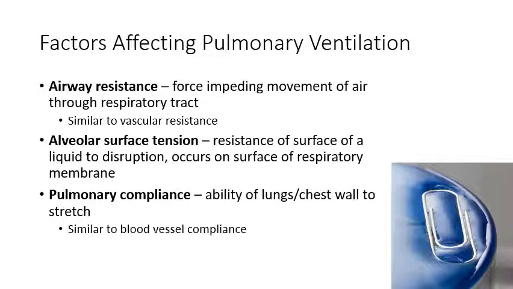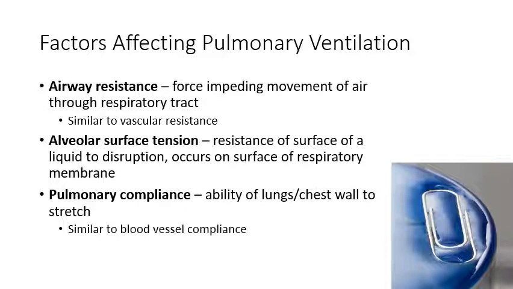So airway resistance is the force that opposes the movement of air through the airways, or through the bronchial tree and the respiratory tract. So if airway resistance is low, that means it's easy to move air in and out, and that means that pulmonary ventilation is going to be high.